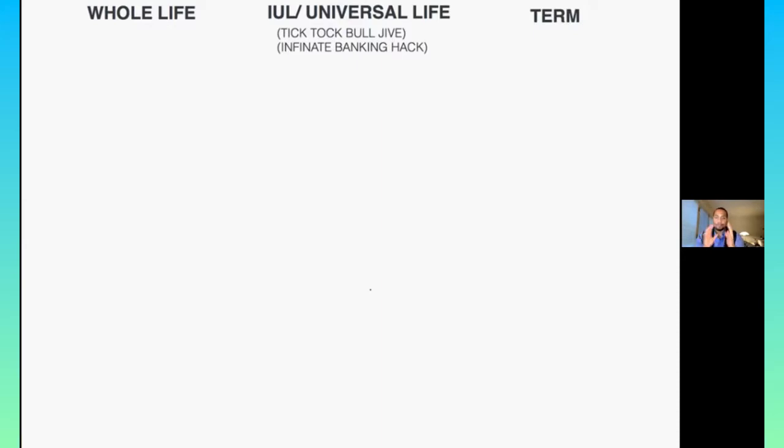So first, before we even get into it, let's talk about the purpose of life insurance, period. Why do I need to purchase life insurance? Well, if you have anybody who depends on your income, you need life insurance, because life insurance is not just for when to pay for your burial or your funeral costs and things like that.